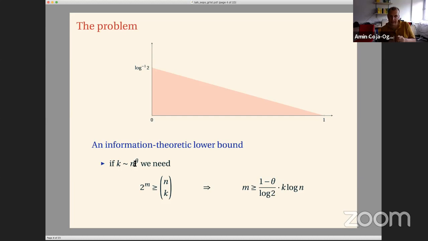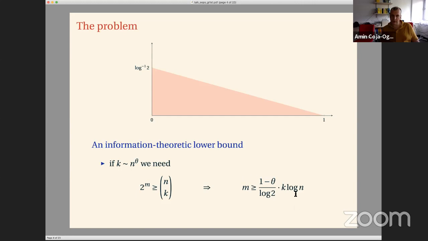And if you conduct M tests, the total number of possible test results that you can possibly get is 2 to the M. So if you want any chance at actually recovering the set of infected individuals correctly, you had better make sure that 2 to the M, the number of possible outputs, is at least as big as N choose K, the number of possible sets of infected individuals.